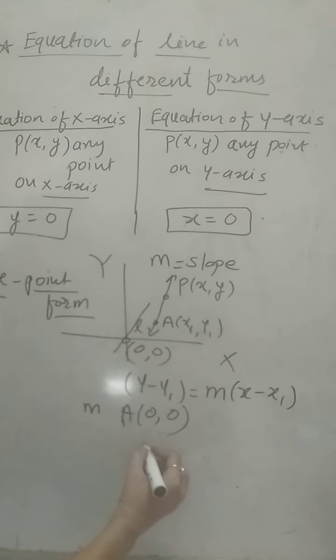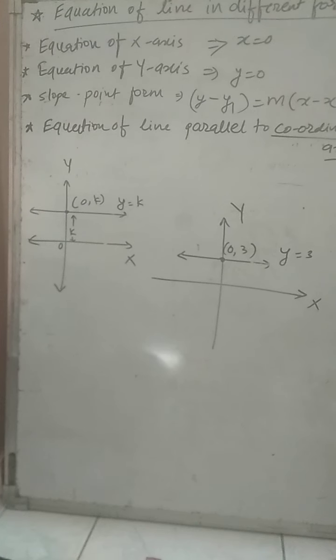So y equal to m into x. This is the equation of a line passing through the origin. Now again we recall the equation of x-axis, y equal to 0, and the equation of y-axis, x equal to 0.